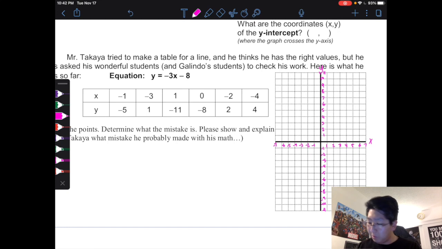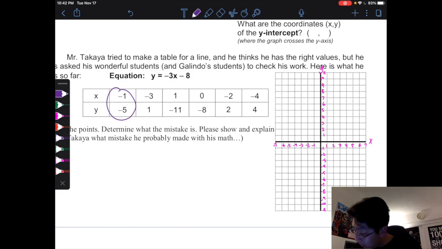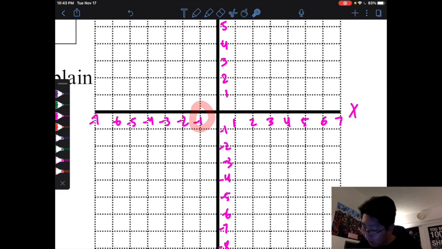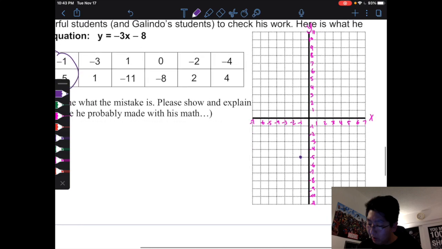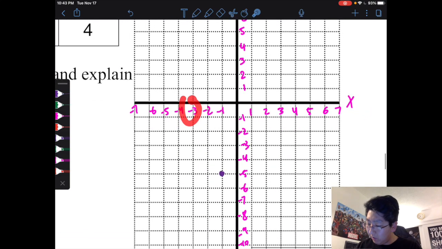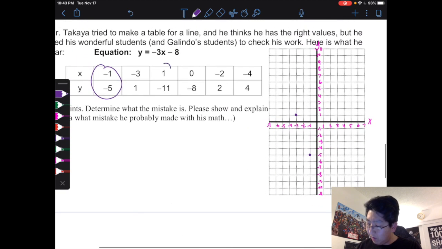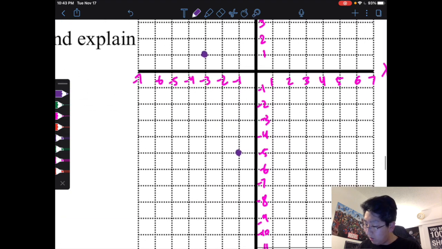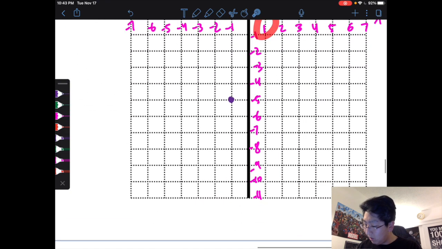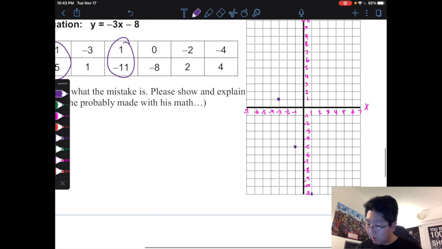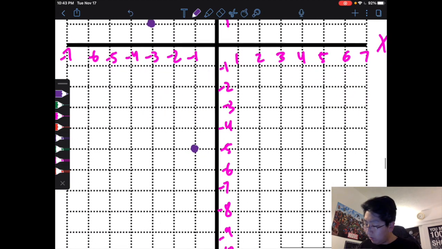Alright, let's plot these points. (-1, -5): -1 on the x, -5 on the y. It's right there. (-3, 1). (1, -11): let's go down to -11. (0, -8).